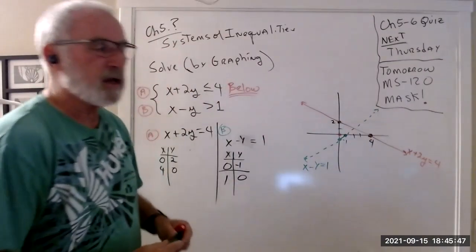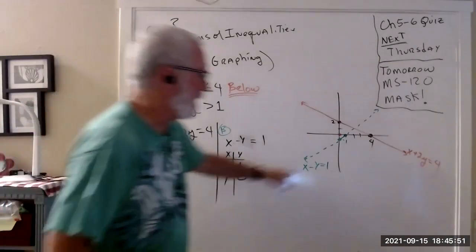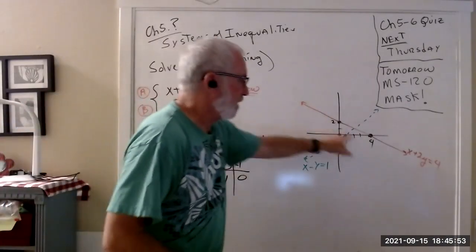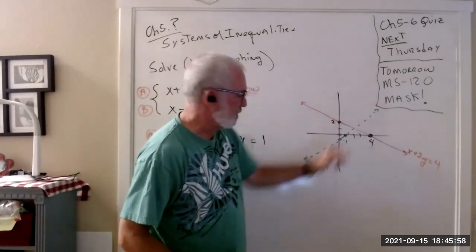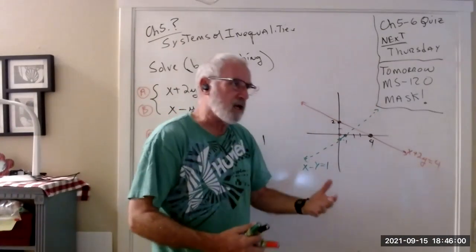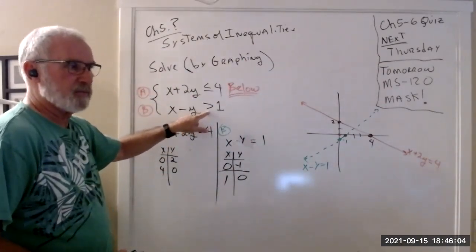The line is always an equal sign. Whether it's dotted or solid doesn't matter, when you're putting the equation of the line next to it, it's always with an equal. The shading is where you take care of the greater than or the less than.